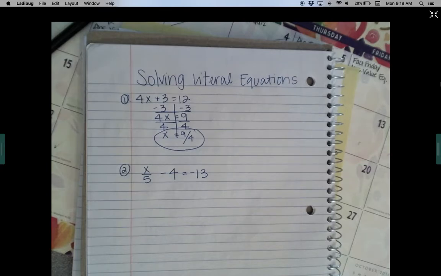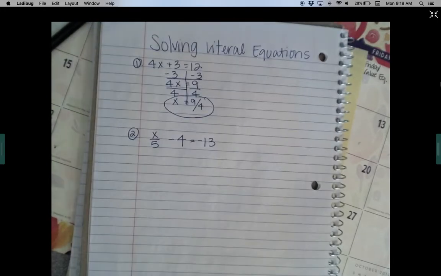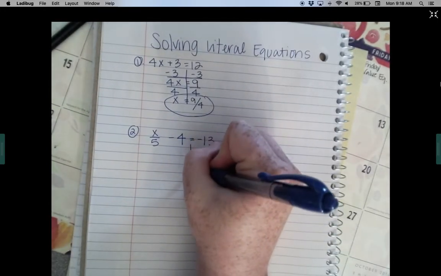When you got it, put your pencil down. This is what we're doing right now. This very moment is like first, second week of school when we just had a variable on one side. So this should be totally review. But we're going to make it more complicated in a second.